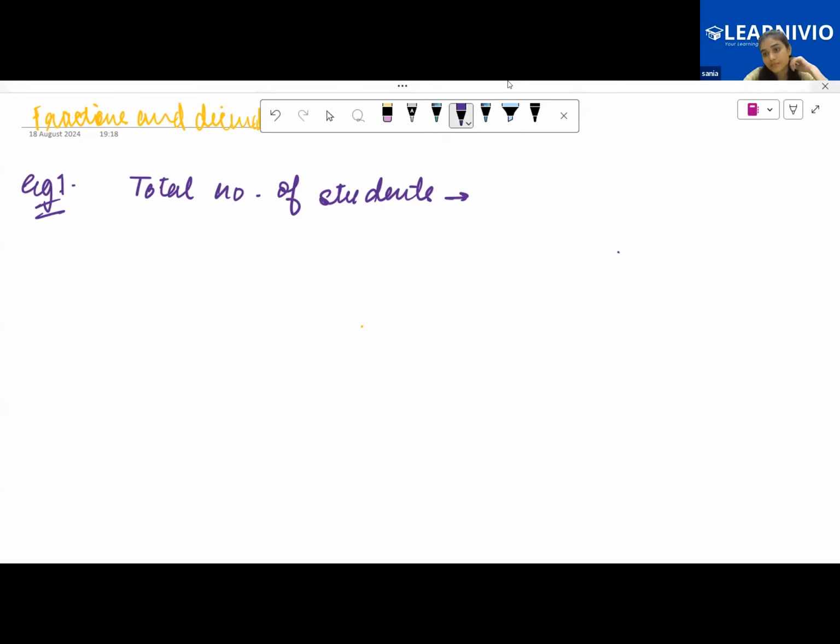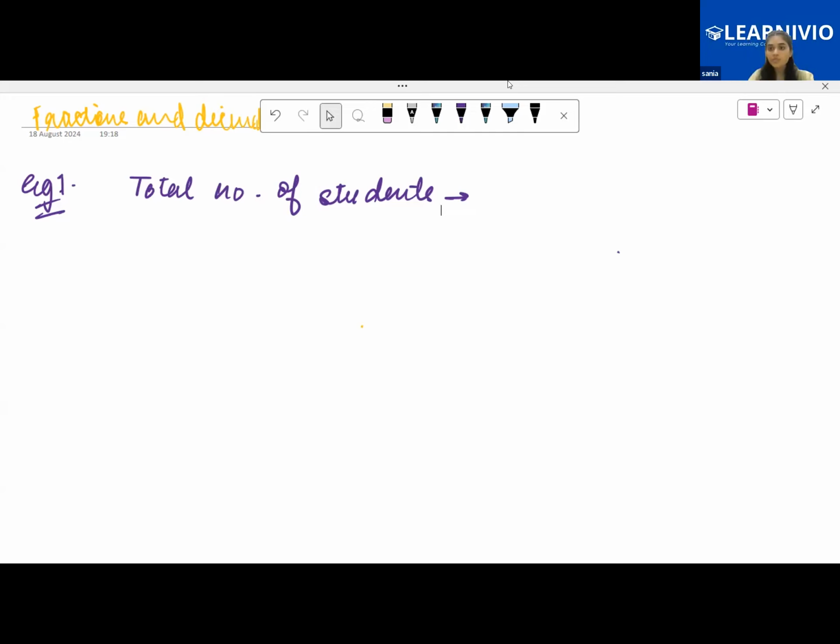Write 5 equivalent fractions of 3 by 5. Just give me a minute. Equivalent fractions are not there in your syllabus. That's already taught in the previous classes.